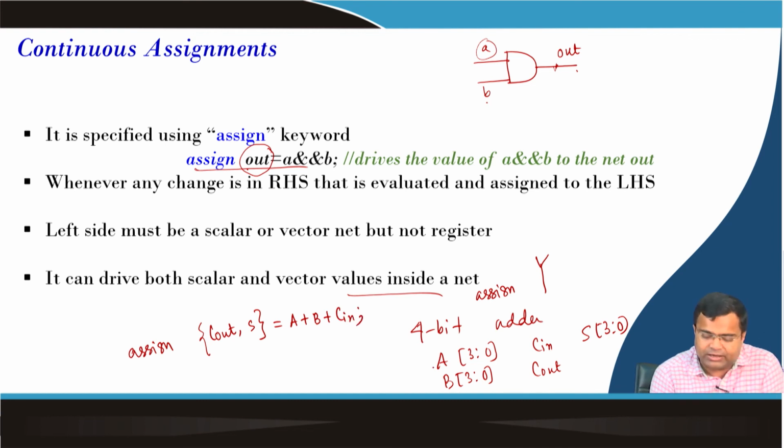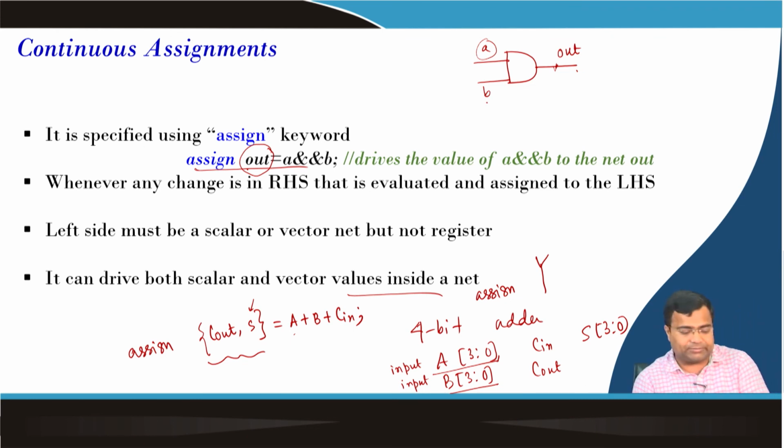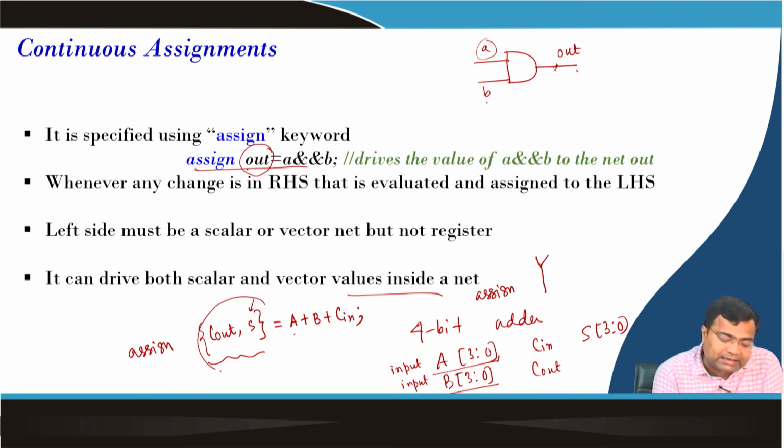I am assuming you have declared the inputs as input. You can write them separately or put a comma. In this case, you can see the right side is a vector, and the left side, Cout and S, are also vectors. So assignment with a vector on the left and right is possible, but the left side must be a wire type, it cannot be a register, you cannot store it.